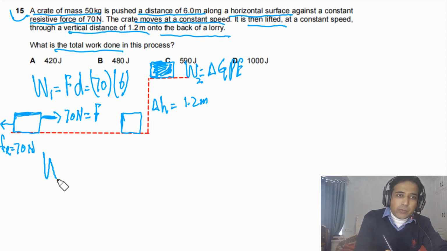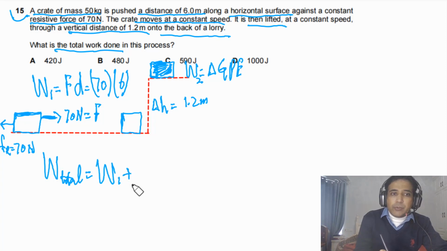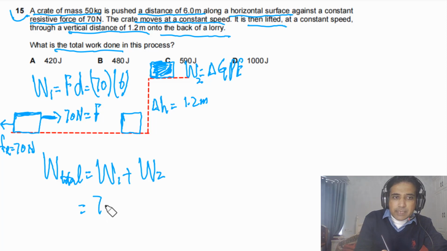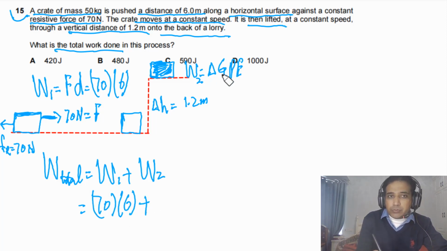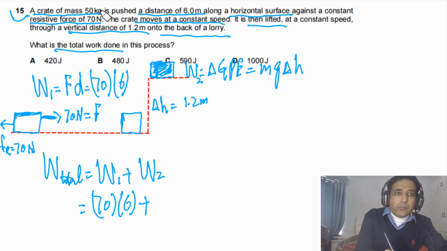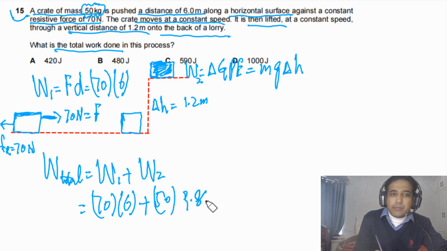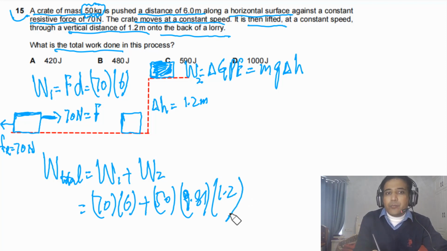So the total work done, W total, will be equal to W1 plus W2. So we have 70 times 6 plus the change in GPE, which is mg delta H. The mass of the block is given, 50 kg, so we have 50 times 9.81 times the height, 1.2.